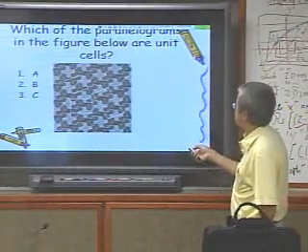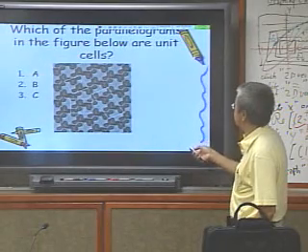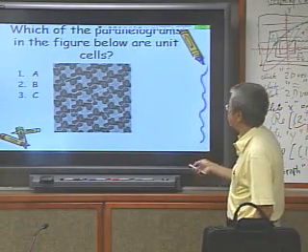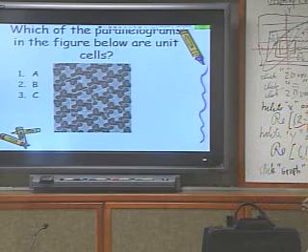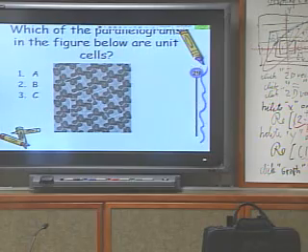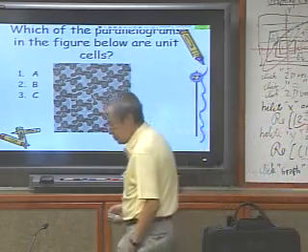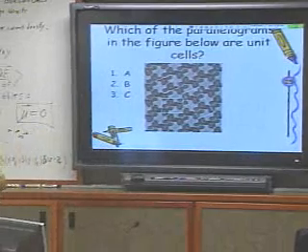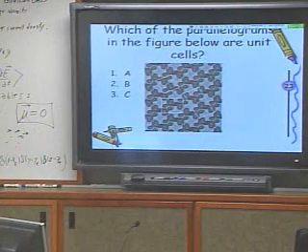But the question is, which one of these parallelograms, this is A, this is B, and this is C, is our unit cell? Once again, this is not a test, so you can ask your neighbor.